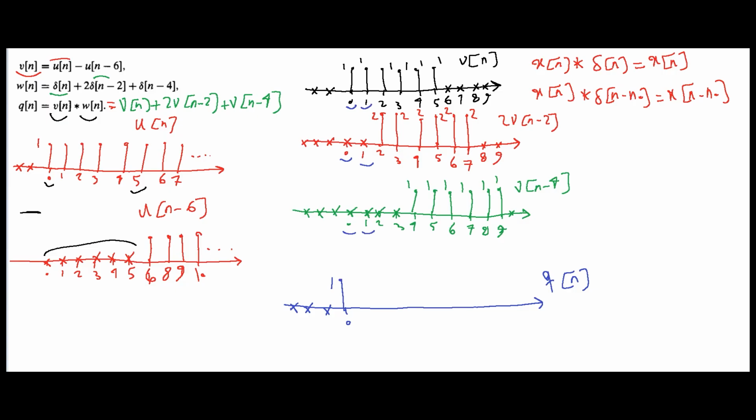At n equals 1, the result is again 1. At n equals 2, v[n] is 1, 2v[n-2] is 2, and the third signal is 0. Therefore, the result is 3. At n equals 3, the result is also 3.